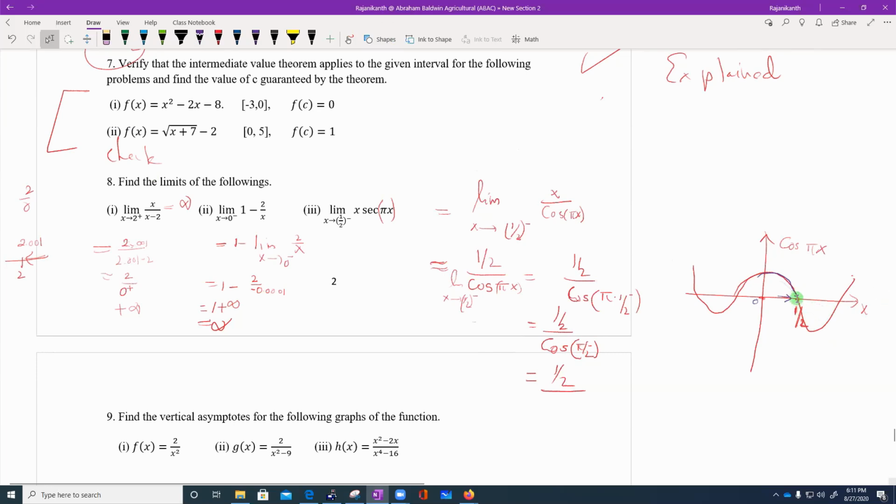Above the x-axis. But if you look at the function value very close to 0, that is why cosine pi over 2 is 0. But if you approach your curve from the left side of half, your answer is very close to 0, but just above 0. That means positive 0. Do you see that, everyone?